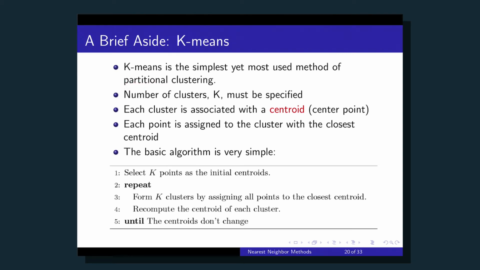Each point, when clustered, belongs to exactly one cluster. You pick the number of clusters, and then k-means finds centroids for each one of those clusters. If you do it correctly, the centroids can act as prototypes. And each point in the original data set is assigned to the cluster with the closest centroid.